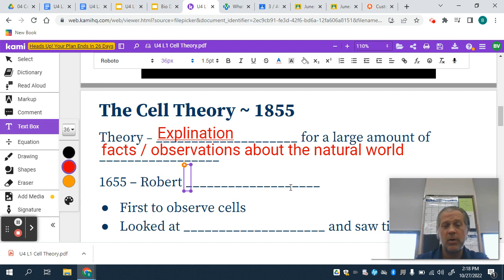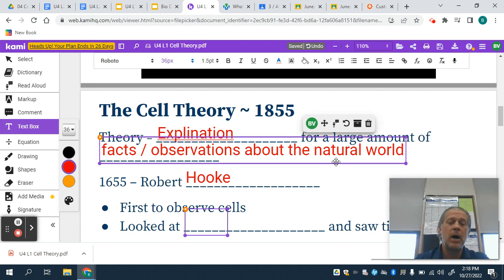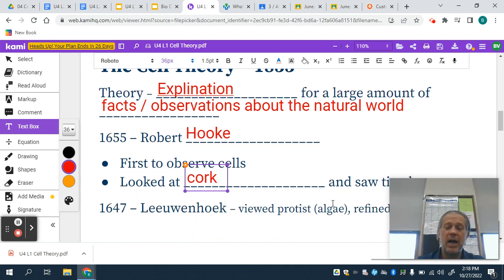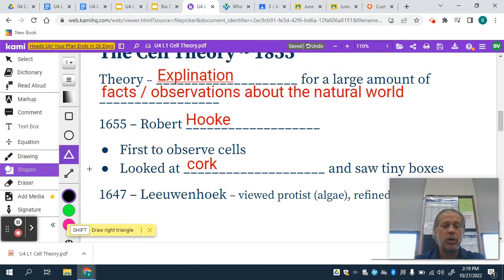A long time ago in the 1600s, there were a few people who were looking at cells under microscopes and just trying to figure out what that actually meant. One of the first people, not necessarily the first, was Robert Hooke, and he was actually the first person that we credit with observing cells. What he looked at specifically was a piece of cork, and he saw tiny, tiny boxes.